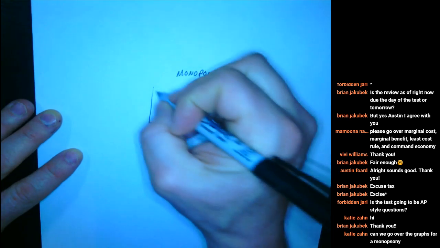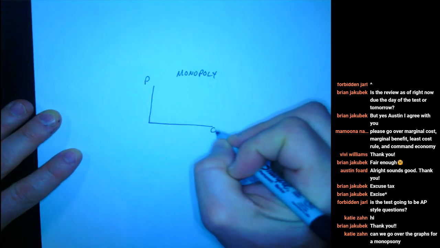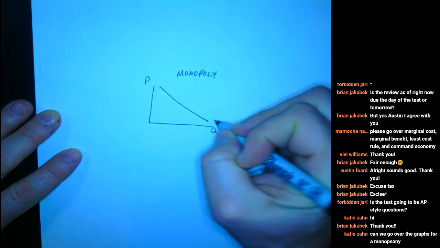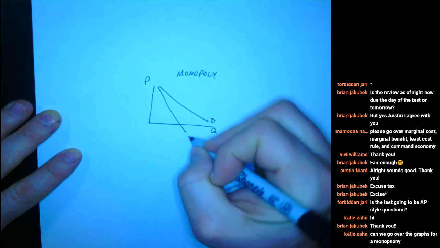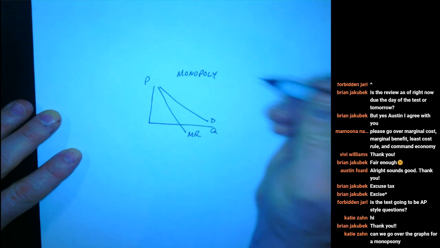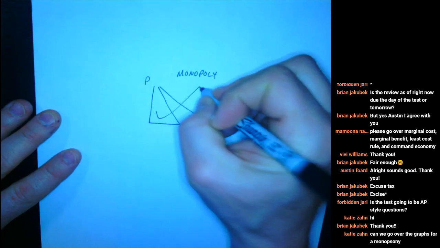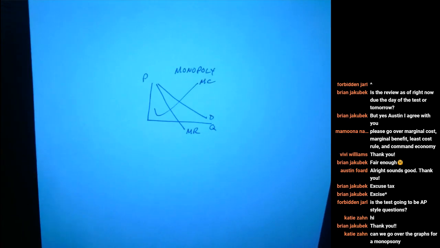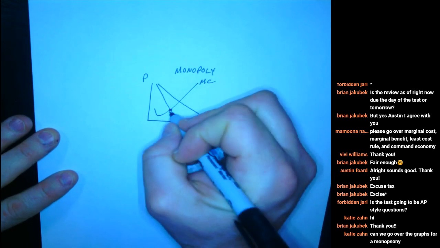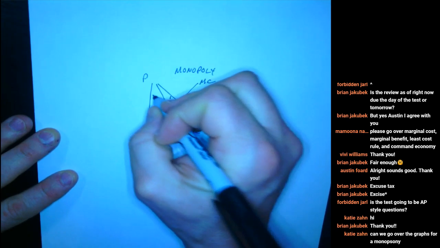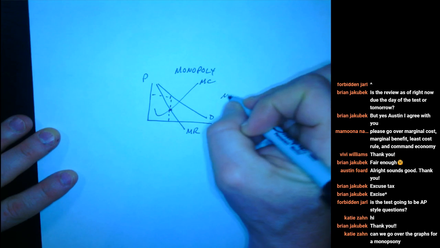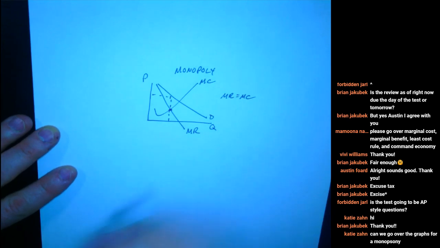Okay, so here's price, here's quantity, here's the demand curve, marginal revenue, here's marginal cost. Okay, there's a monopoly. All right, simple. Here is your maximizing point right there. MR equals MC.